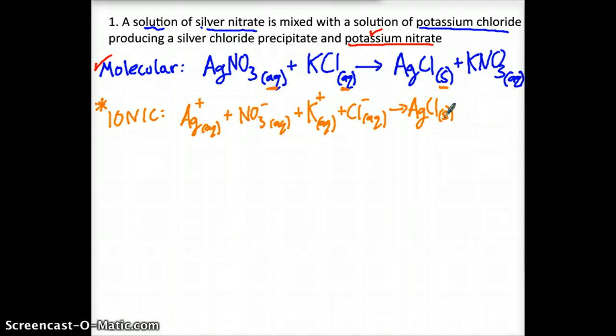Other examples of compounds that can't ionize are gases, so if it says g, or liquids, l, they cannot ionize. What about our last compound? KNO3, can this ionize? Yes, it's a solution. So K+ aqueous and NO3- aqueous. This is our ionic equation. It shows all of the species present in the reaction in their ion form.